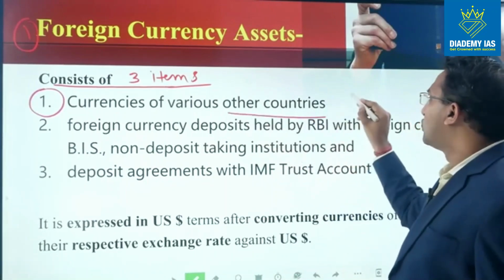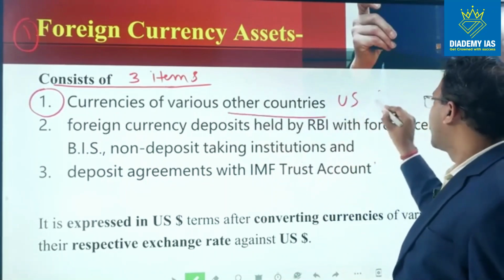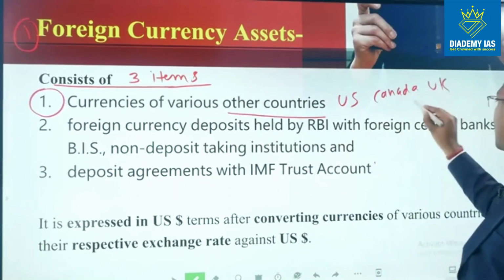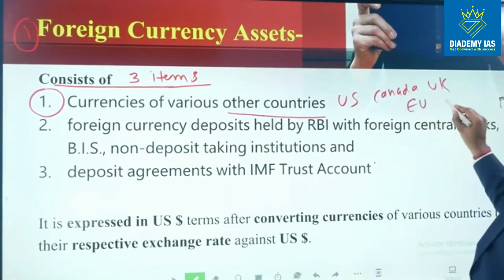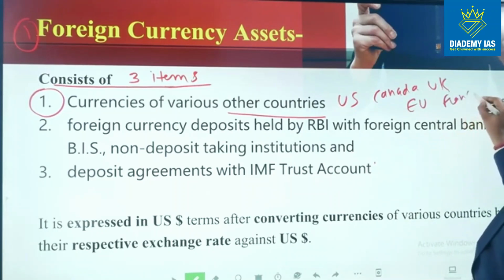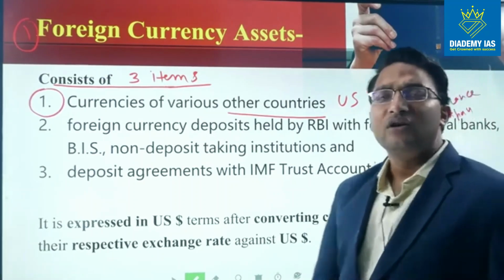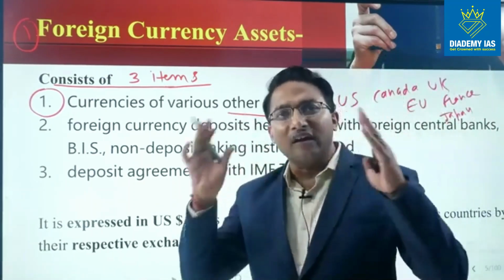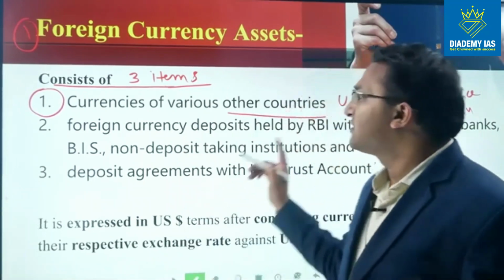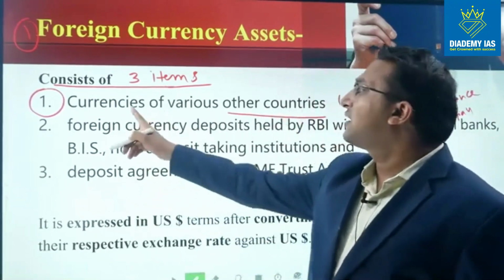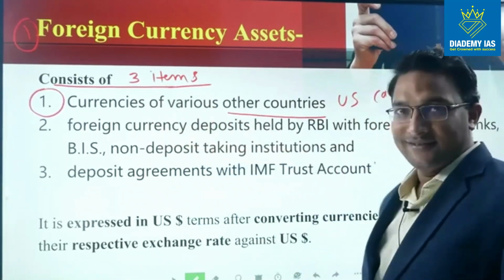So the currency of US, currency of Canada, the currency of UK, the currency of European Union, France, China, Japan, Brazil, Australia, New Zealand, South Africa, and so on and so forth. All the other countries except India. That is part of the first component.